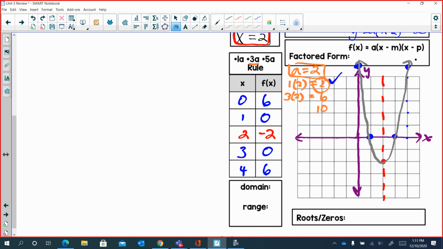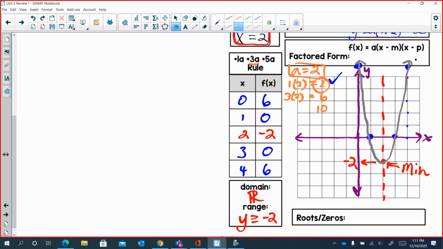There it is. Okay. What's the domain? All real numbers. Done. To get to my range, we have to know this minimum. Y, yes, very good. Greater than or equal to -2, because that minimum is at -2.